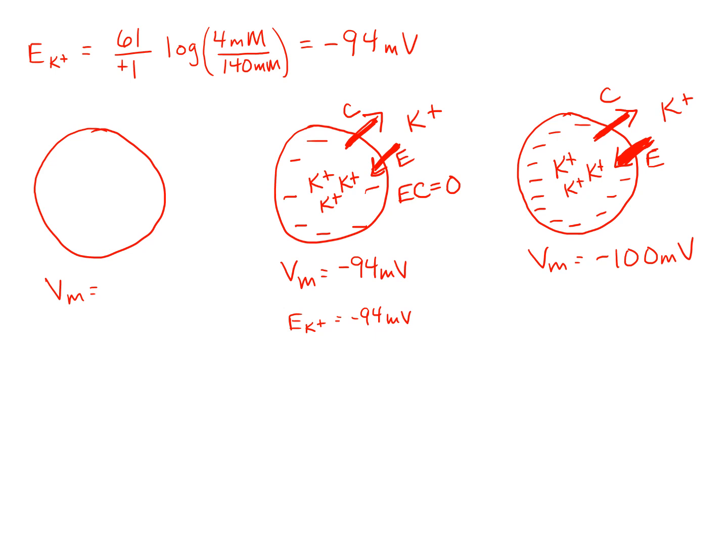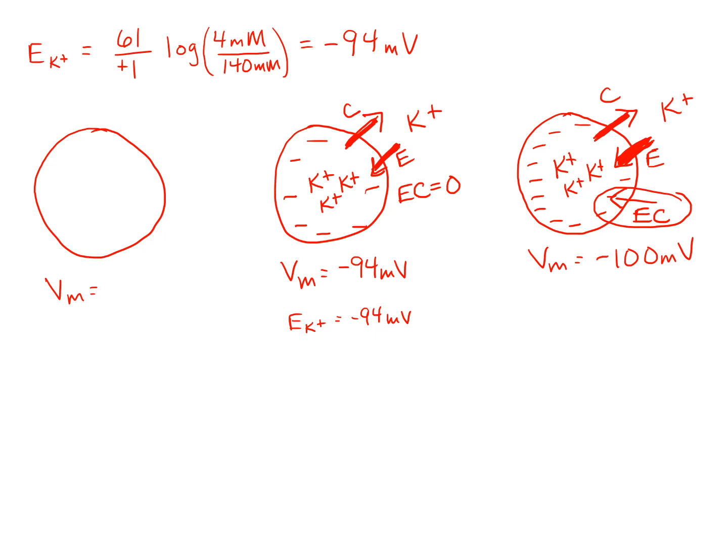So you can see that our electrical driving force is larger than the chemical driving force now at minus 100 millivolts. So when we add those two together, electrical driving force wins. And so our electrochemical driving force will go into the cell, and potassium will move into the cell at minus 100 millivolts.